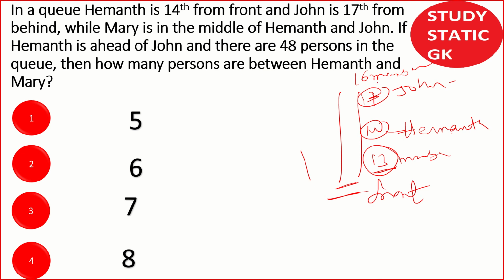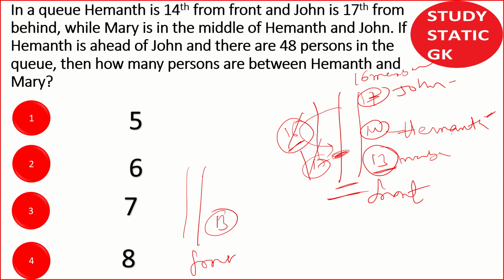If John is 17th from behind, and if the total number of members is less than some number, then John may be situated over here also, 17th from behind. So 16 members are there, and in that Hemant may also be there. You got the point? Okay, I'll write it again. Here, see, this is the front. 13 members are there in front of Hemant, right?